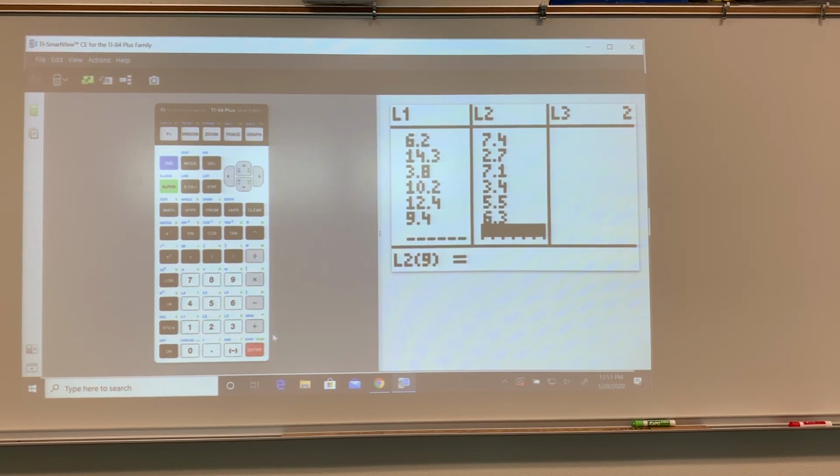So I got those all typed in. Then I'm gonna go second quit.